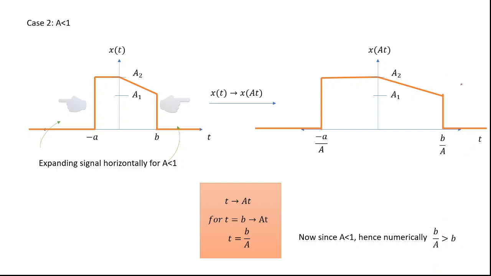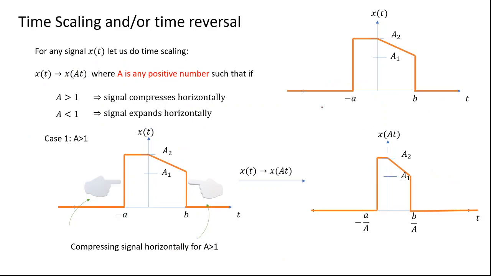So what we see in case of time scaling is that the signal either compresses or expands horizontally depending on the value of the scaling factor. A is called the scaling factor.